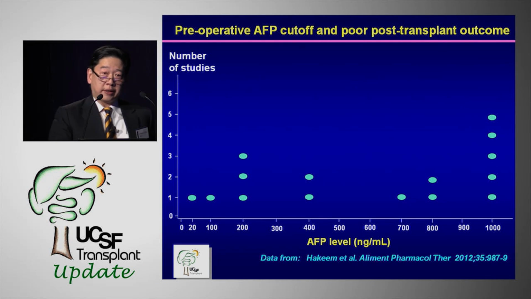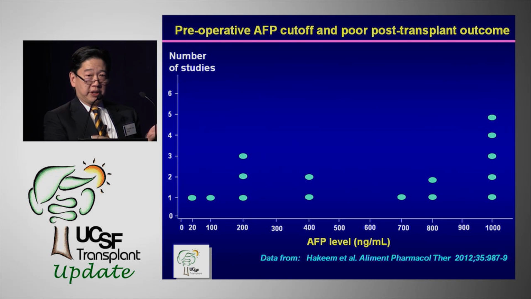So clearly, many of us believe that there's much more than just tumor size and number. There are other factors that clearly influence outcome following liver transplant for HCC, and tumor marker is one area that we are very interested in.